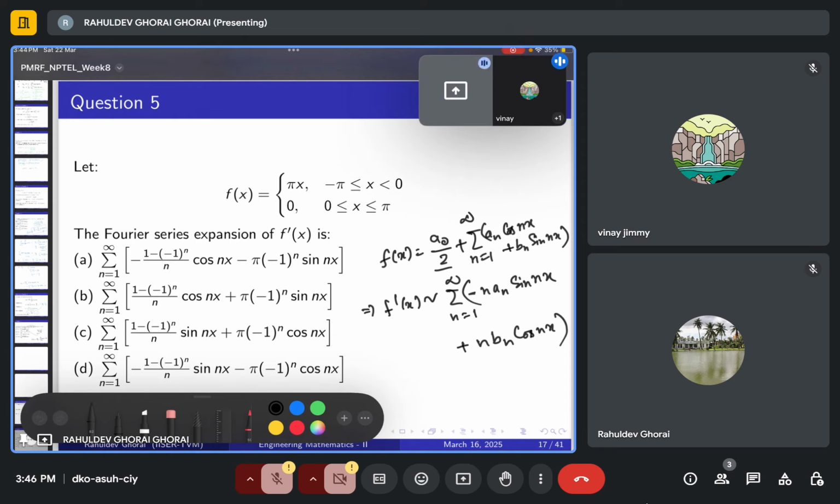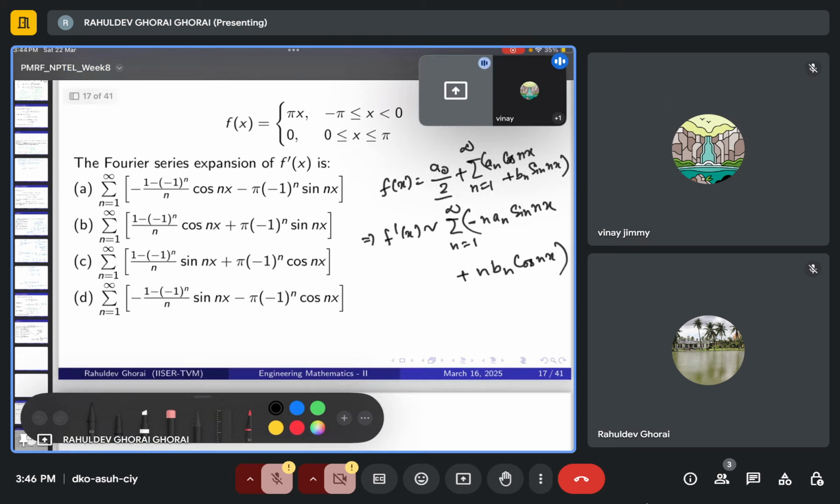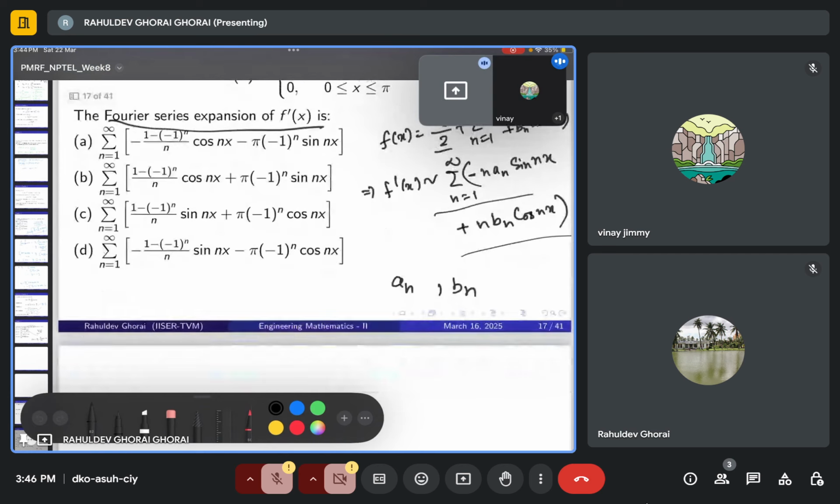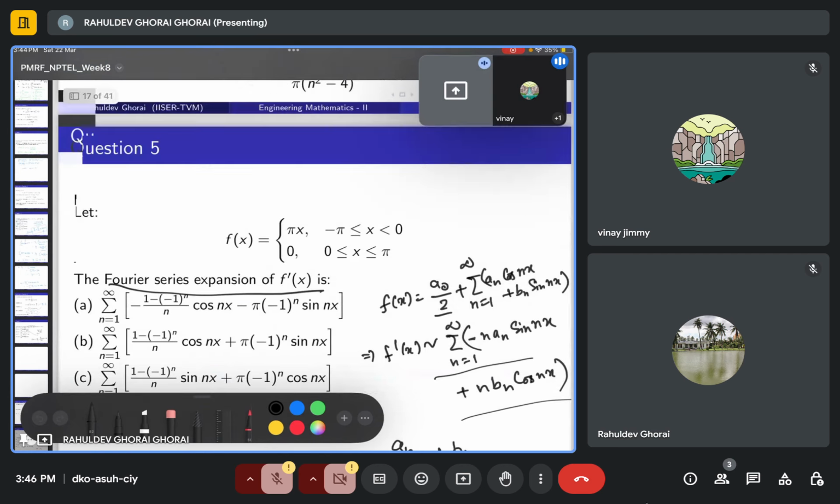Right? You understand this? So the Fourier series expansion of f prime x will be this. But for this, what you need to know is only an and bn. If you know an and bn, then you know everything of the Fourier series expansion. So now an and bn, how can you get them?